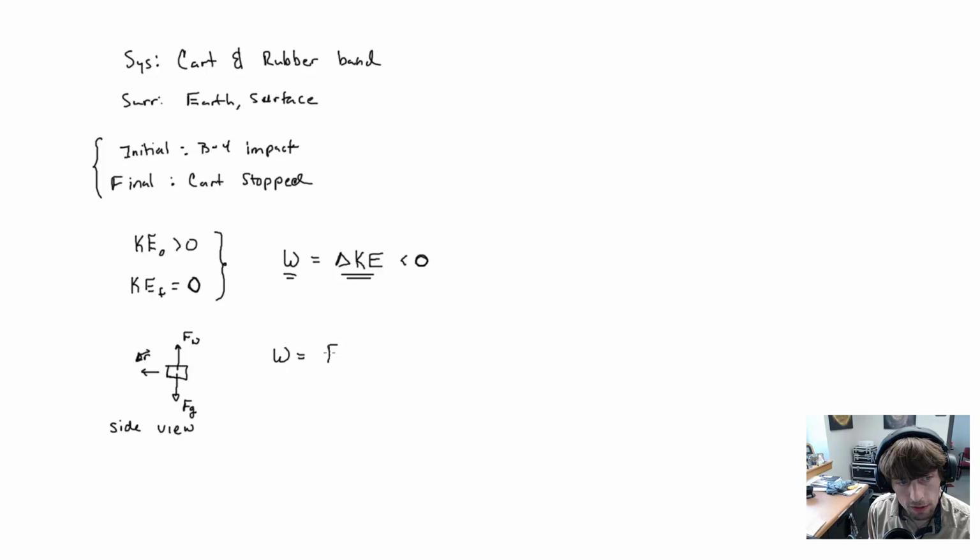Work is the dot product of my force with the displacement. Okay. I could rewrite this if I want using these definitions that we talked about in the first chapter. Namely, I'll use the cosine of the angle between the two. And right here we see cosine of 90 degrees is 0.